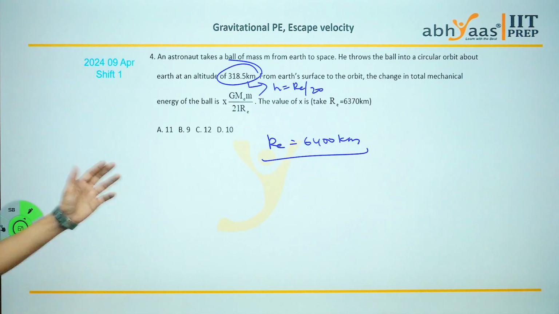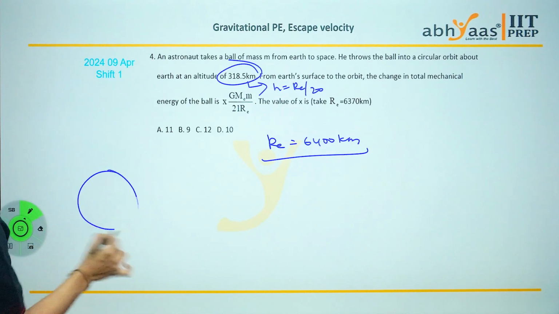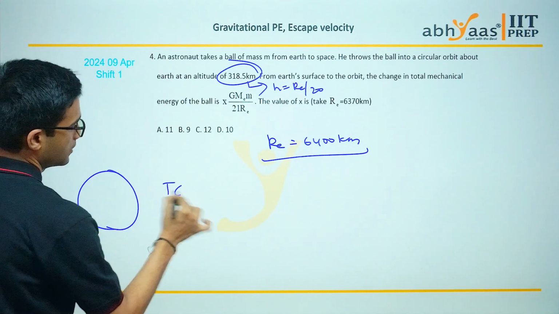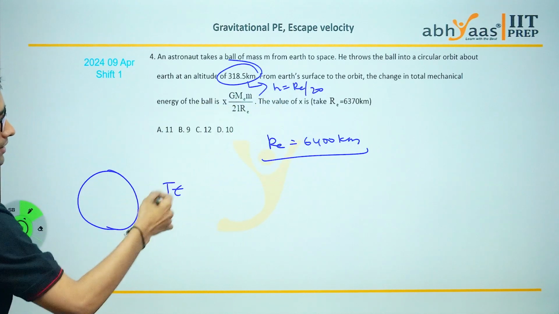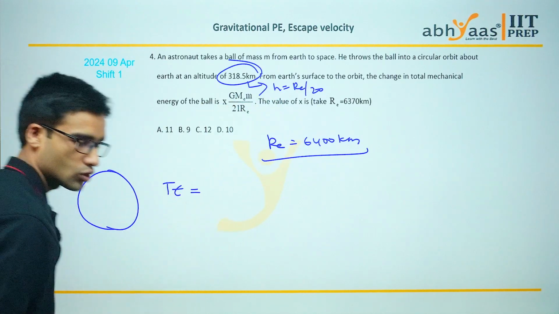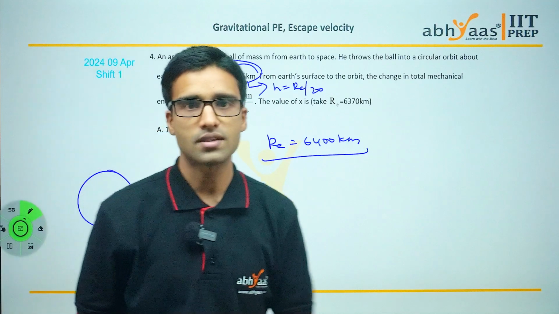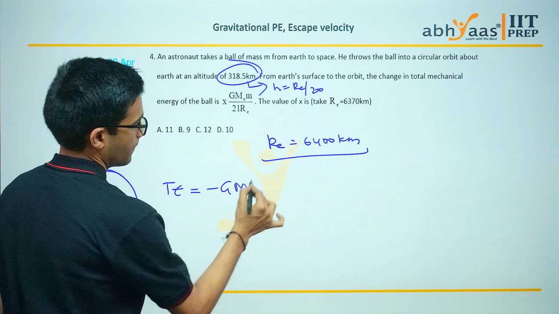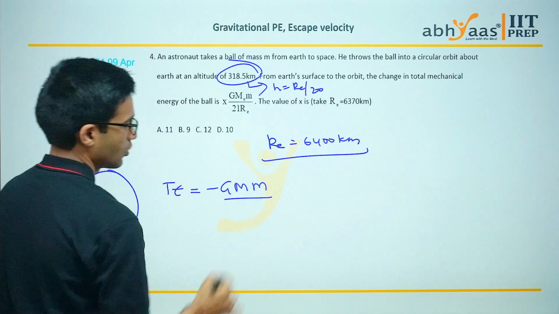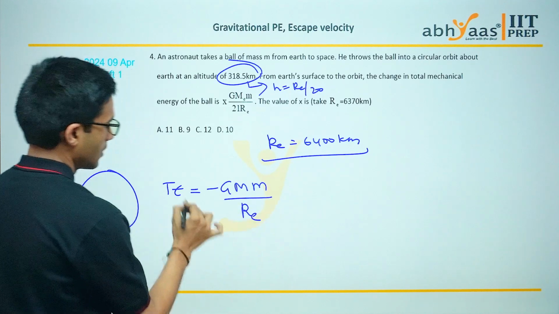So initially, if it is on the surface, what is the total energy? He wanted to calculate the change in total mechanical energy, meaning total energy is equal to potential plus kinetic. Initially only one energy is there, that is only potential energy, that is at RE. Initial.